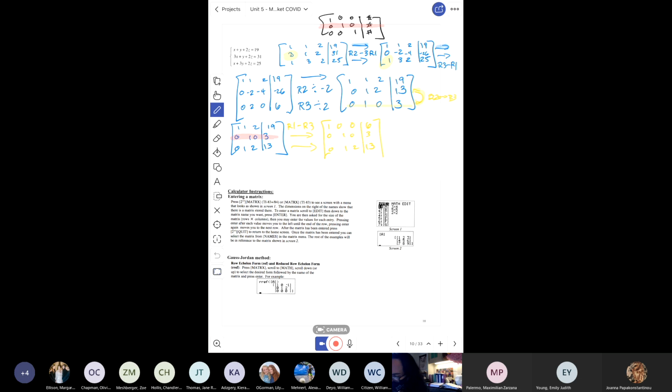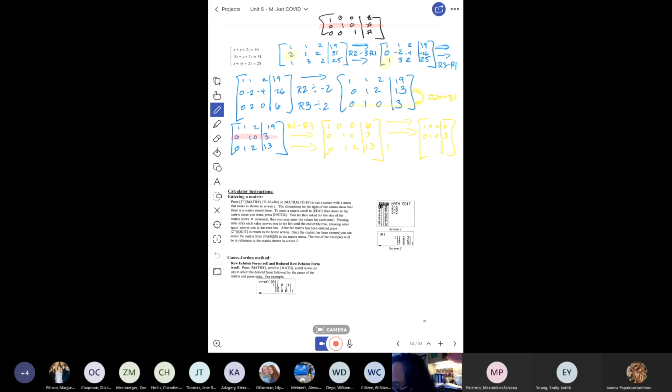But what do I do next? I don't want to change that row because I have X and Y, right? So what can I do to row 3? No, you cannot divide anything by 0.